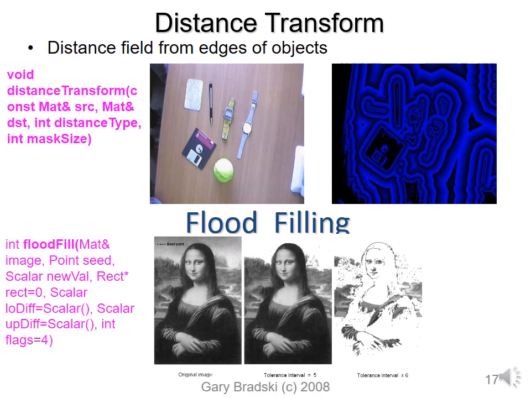When a seed is given, the pixels near the seed with similar intensity are merged together. On the background of Mona Lisa, here is a seed. Then the background can be merged together. So this background is merged together.